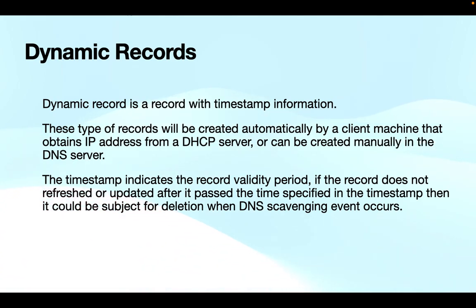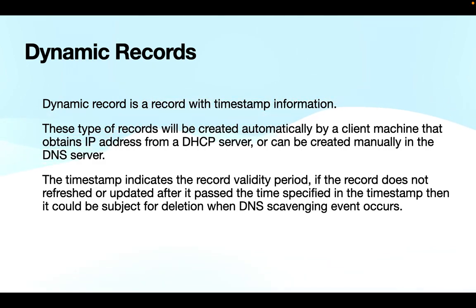Whenever the DHCP IP address gets updated, for example, we have a computer 1 account. That machine has the IP address 192.168.1.10, and after a few days that IP address gets updated to 192.168.1.50. At that time, the machine will trigger an update of the new IP address in DNS.